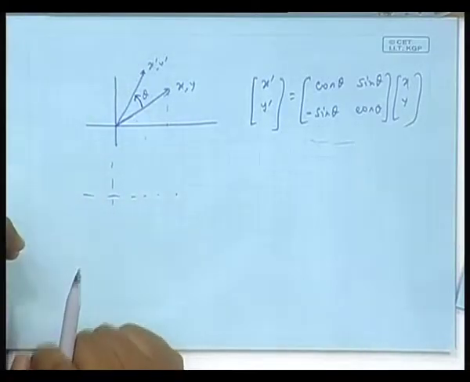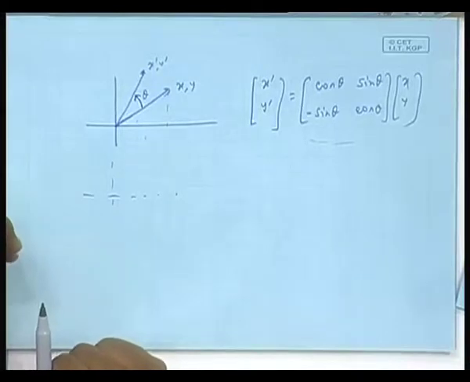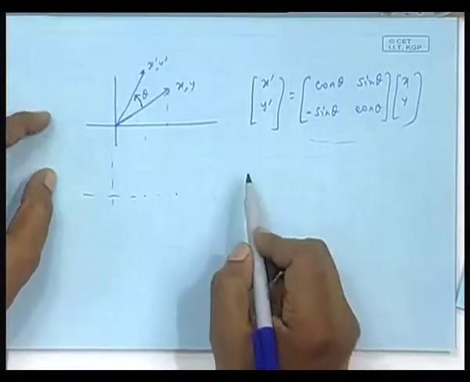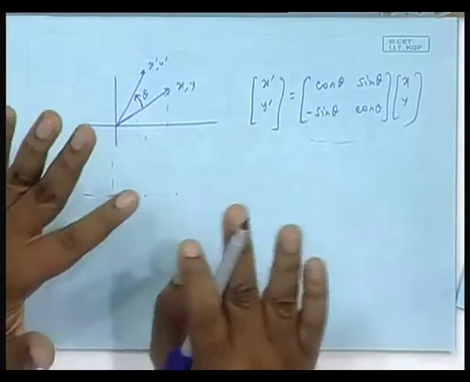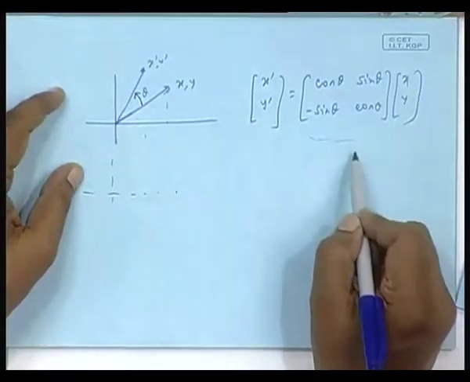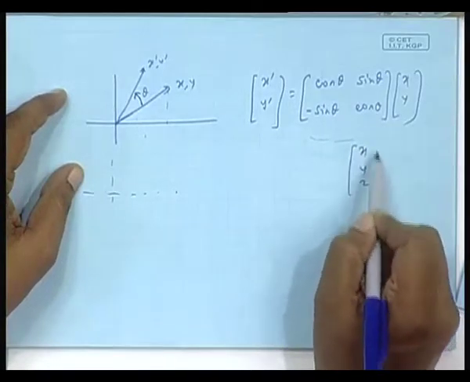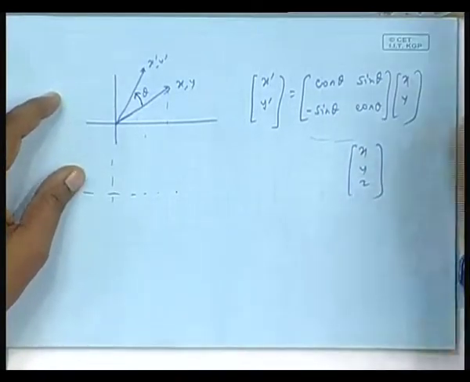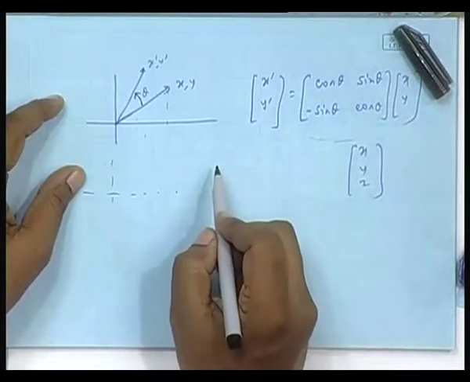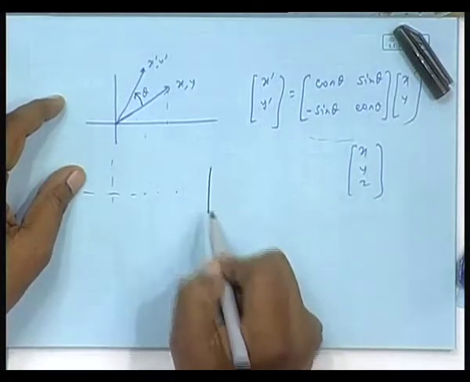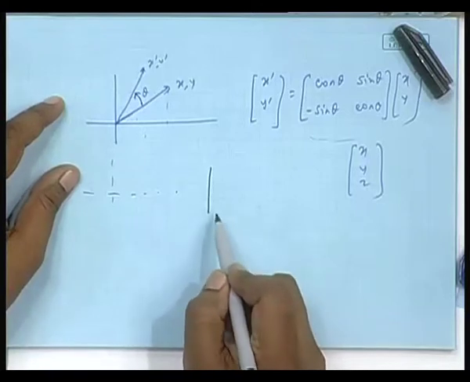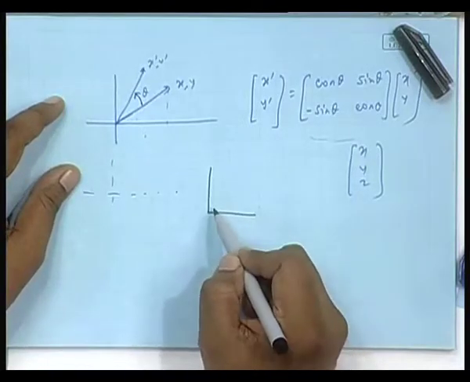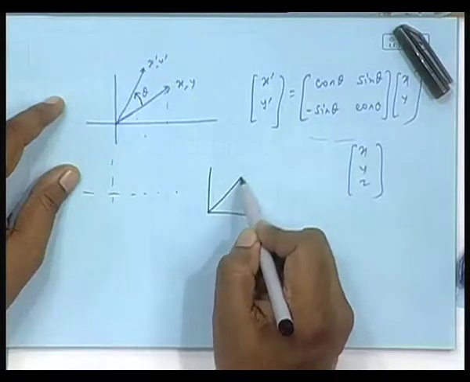Okay. In Givens rotation, suppose we consider one vector of length 3. Suppose I have a situation like this.